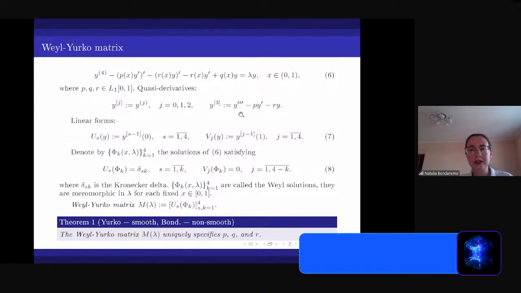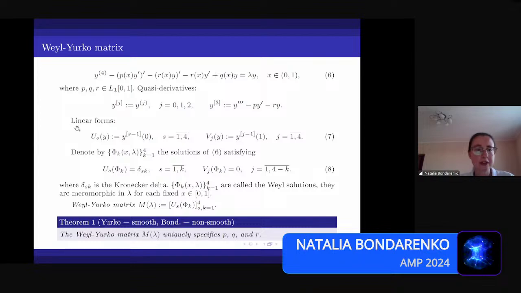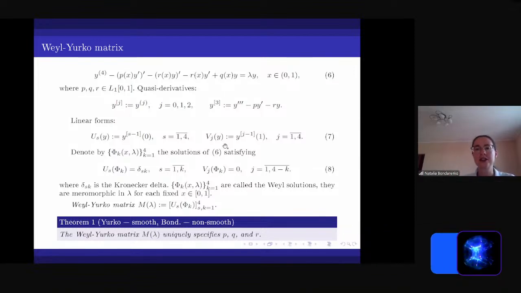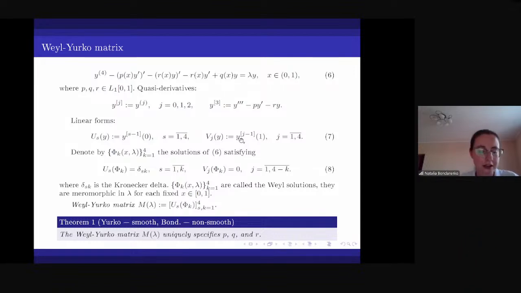Next, in order to define the boundary conditions, introduce the linear forms: U_s are the linear forms at 0, and V_s are the linear forms at 1. We can introduce them in this way, or we can choose some other permutation of the boundary condition orders. For example, like in McLaughlin's problem, it doesn't matter. I just provide the most simple case.